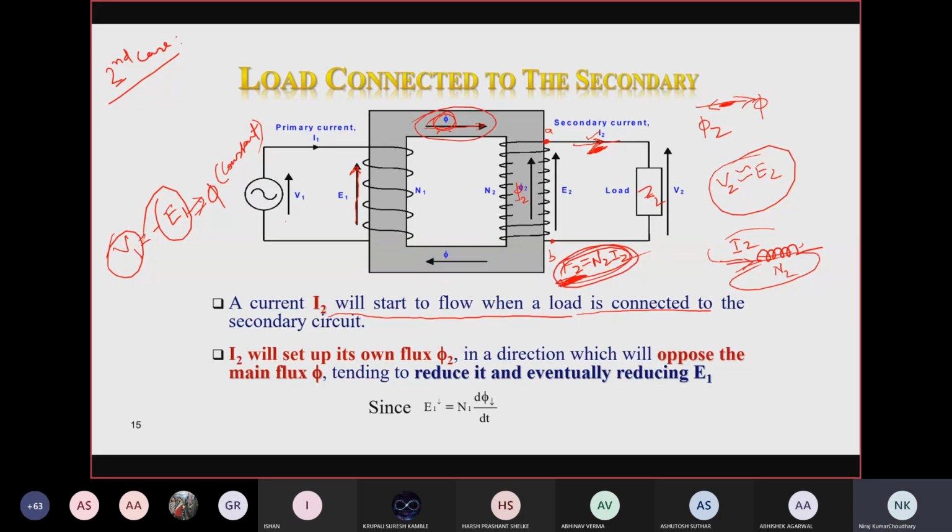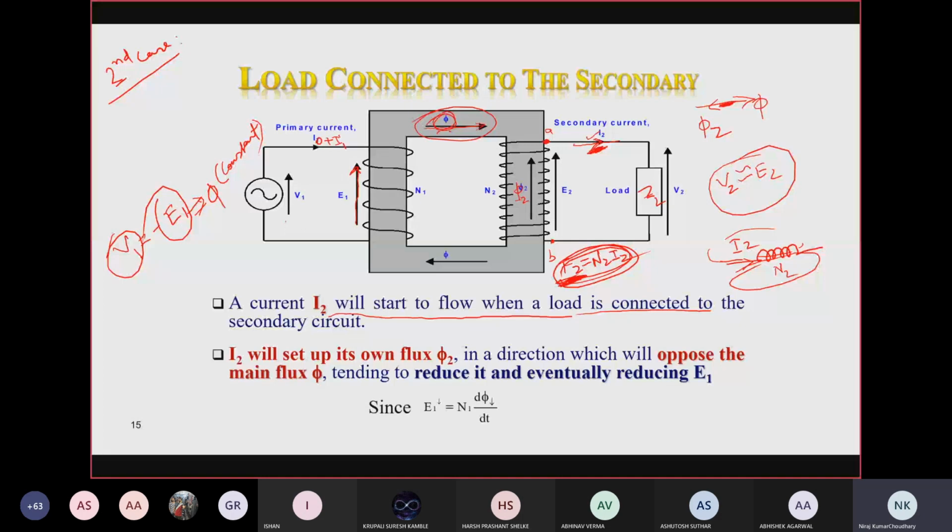ठीक है? तो होगा क्या कि अर्लियर मान लो प्रीवियस केस से अगर कंपेयर करें, there we have considered the no load current. So here an additional current I1 dash is taken from the source.